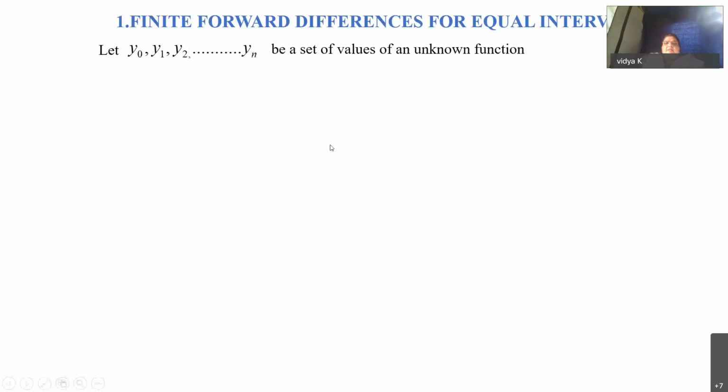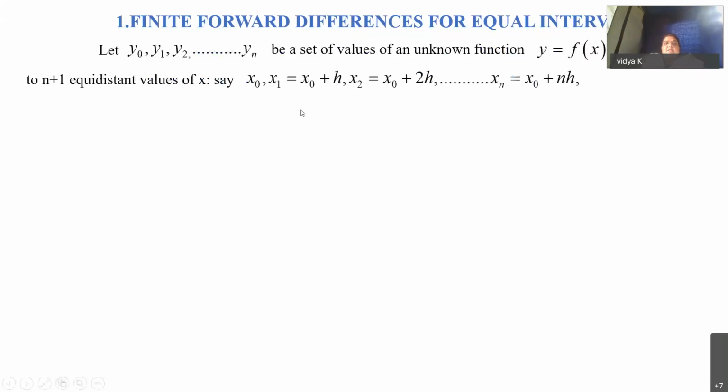They are the set of values of an unknown function y equal to f of x corresponding to n plus 1 equidistant values of x. The initial value of x we are taking as x0, and x1 is got by adding h to the initial value. Then x2 is x0 plus 2h.